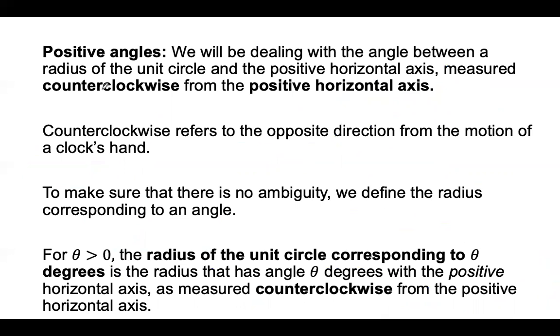They're counterclockwise. So counterclockwise is how we begin taking our angle from the positive horizontal axis. So this is an axis, we start counting this way around. So it actually refers to the opposite direction from the motion of a clock's hand. I'm just making sure you know this.